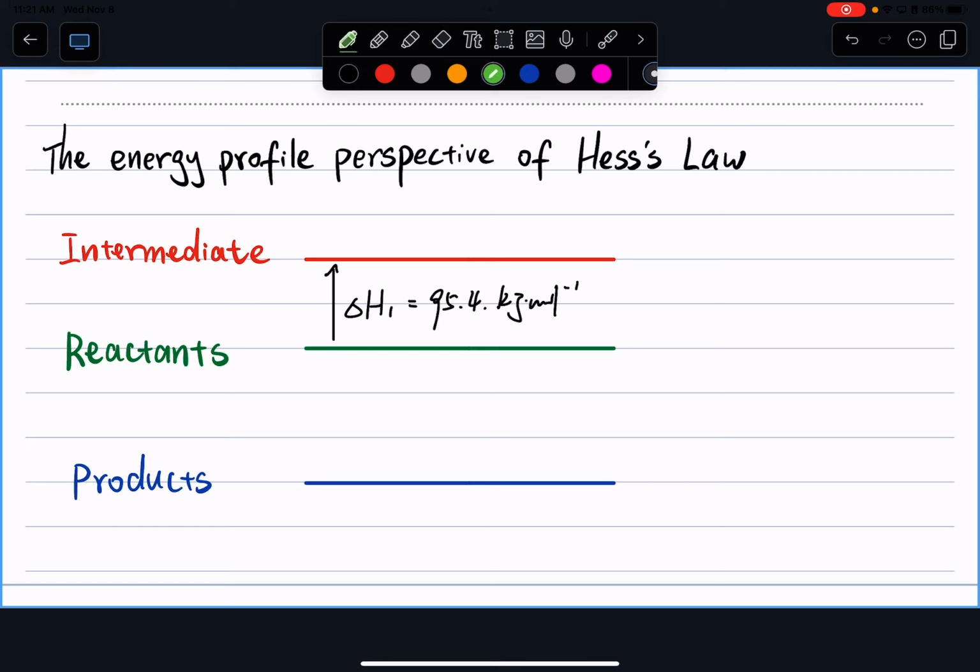My reactant is like 2 H2 and N2. And at the intermediate state, that is our N2H4, and we reacted with another molecule of H2. We have our delta H2 going from intermediate to product, and that is exothermic.